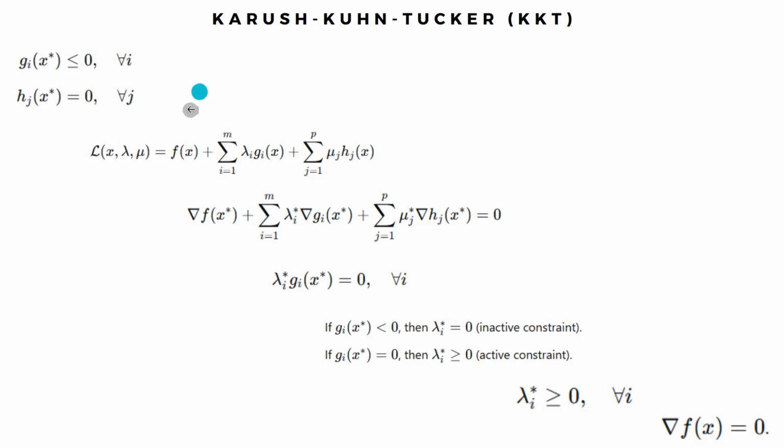The KKT conditions are made up of several parts. First we have what's called primal feasibility. This simply means that our solution has to satisfy the constraints.